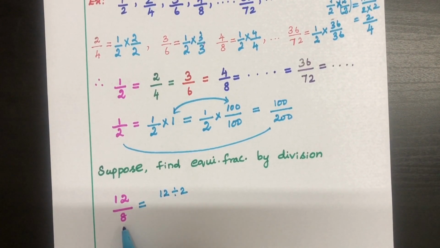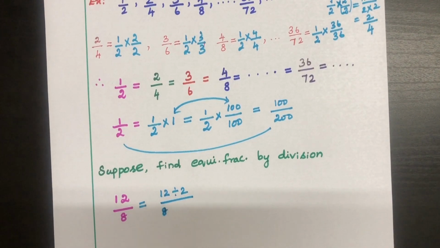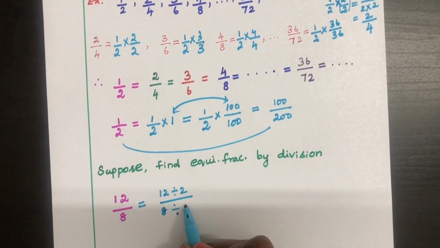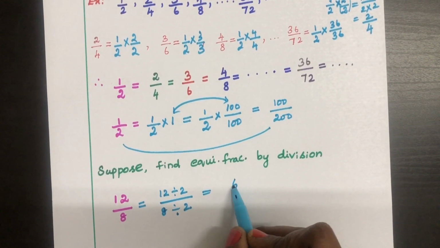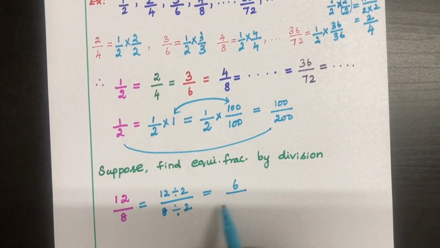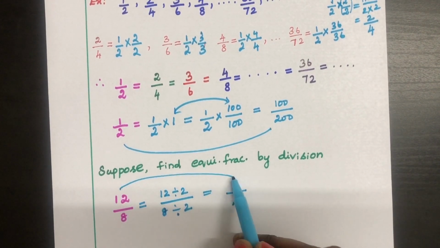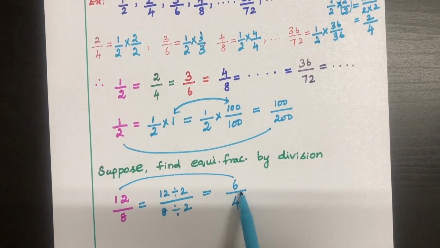We have to find the common divisor for that. So 12 by 8, 2 can divide both the numbers. Now 8 divided by 2. See, 12 divided by 2 gives you 6. 8 divided by 2 gives us 4. So 6 by 4. This is equivalent to this fraction.